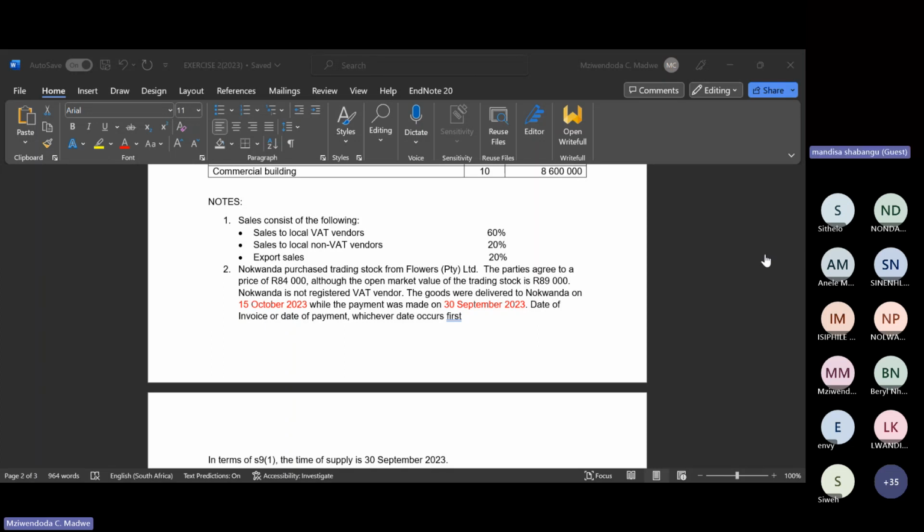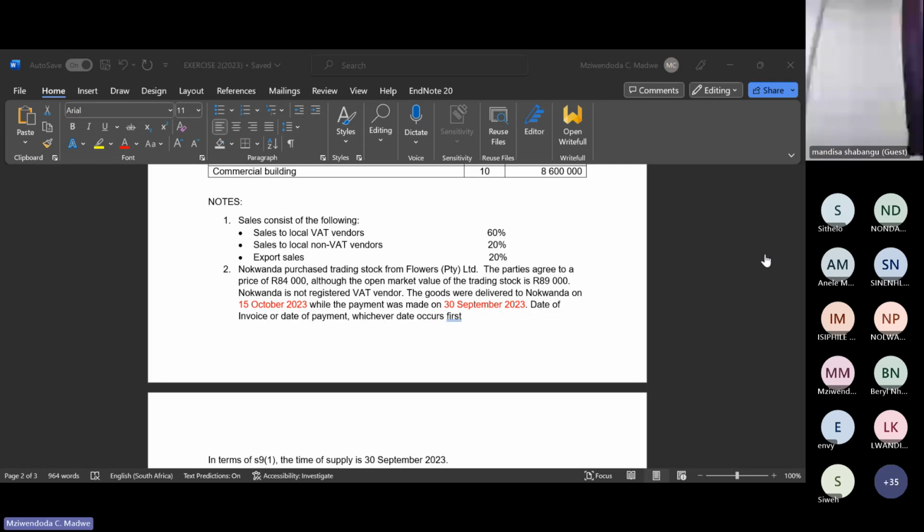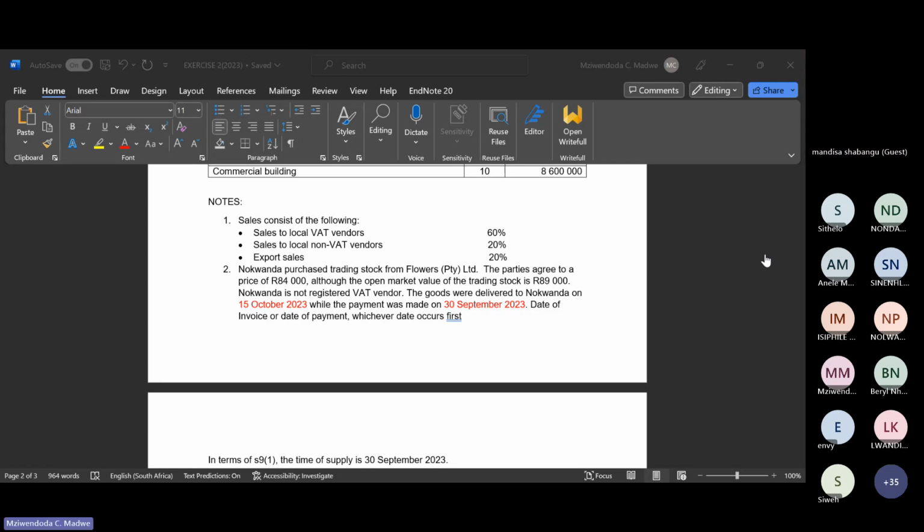Or you can say here, however, in terms of section 9, subsection 2, the time of supply is the date when the goods are delivered. So from our scenario, it is indicated that the goods were delivered to Nogwanda on 15 October 2023. Therefore, the time of supply is 15 October 2023.